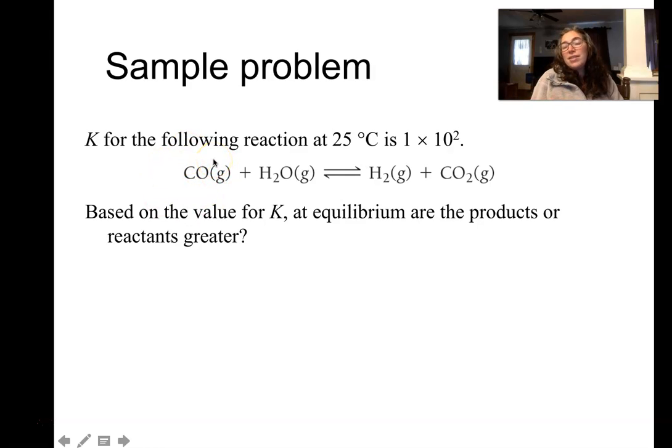Another thing it could say is which reaction is favored, the forward reaction or the reverse reaction. If there's more product, that means that the forward reaction is favored, that the forward reaction makes more product than the reverse reaction.